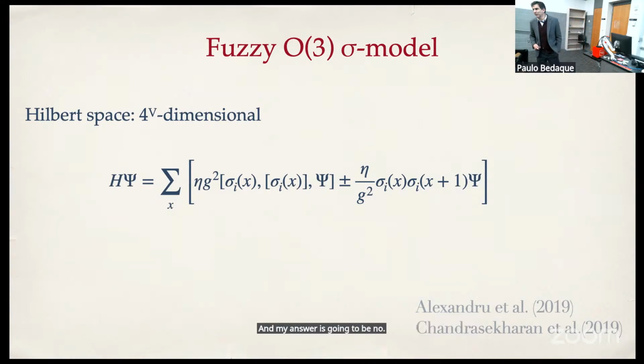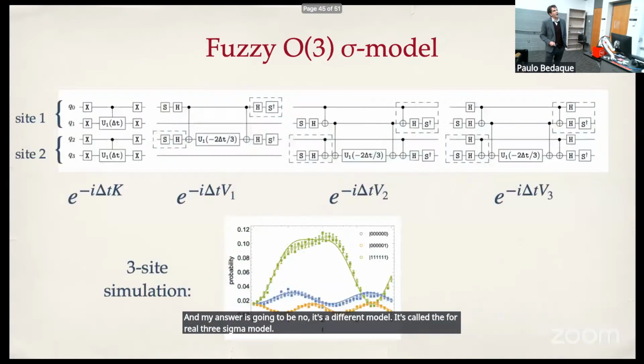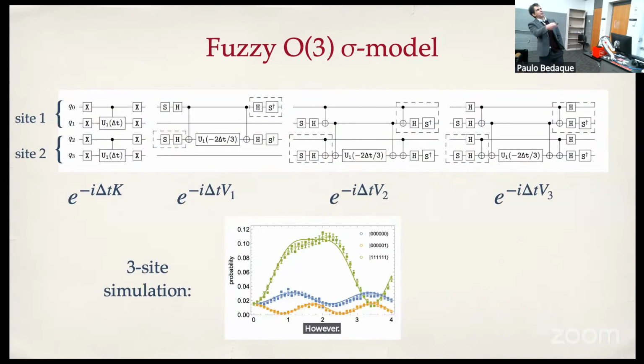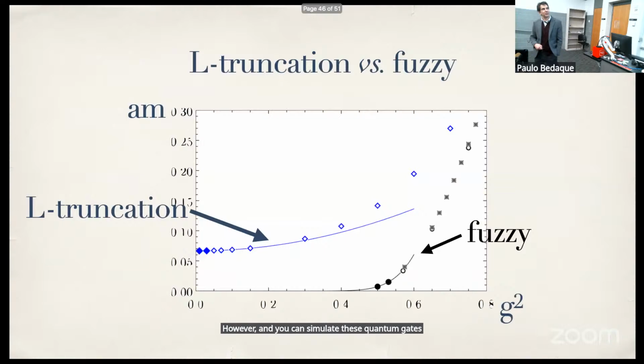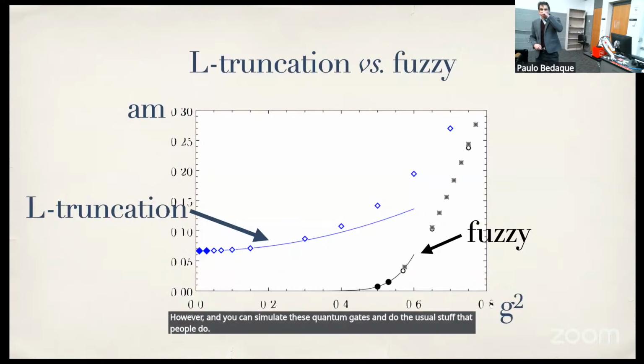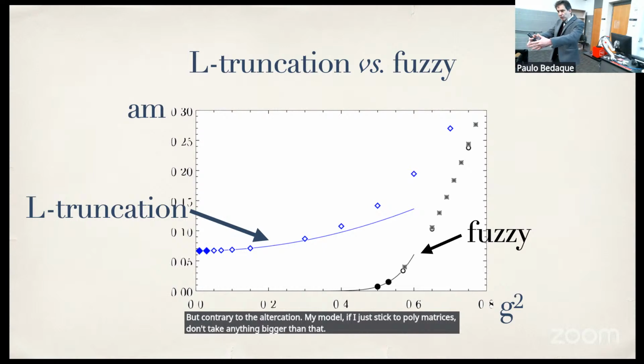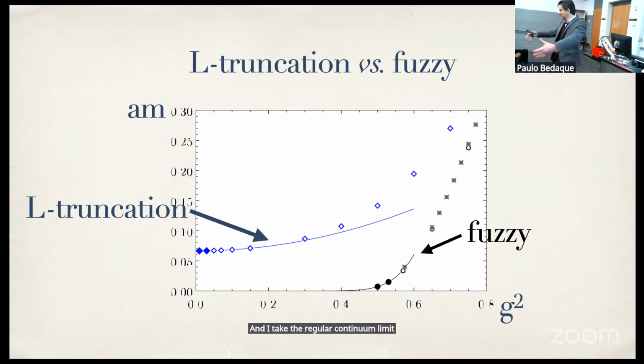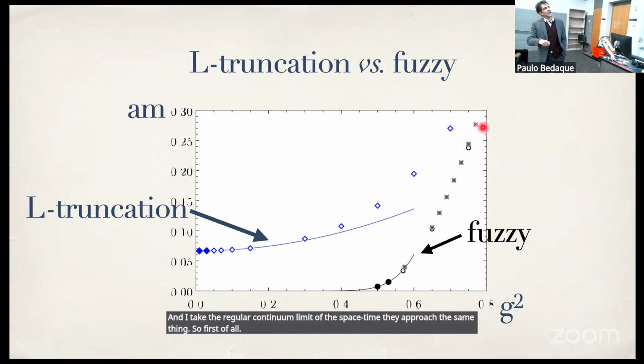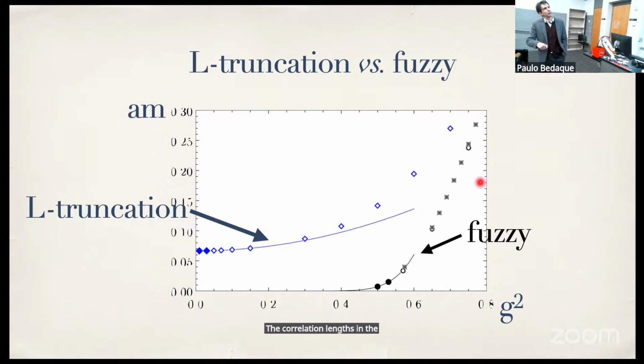It's called the fuzzy O(3) sigma model. However, you can simulate it with quantum gates and do the usual stuff that people do. But contrary to the L truncation, if I just stick to Pauli matrices, not taking anything bigger than that, and I take the regular continuum limit of the space-time, they approach the same thing. So first of all, the correlation length and the masses in lattice units do go to 0 very fast.